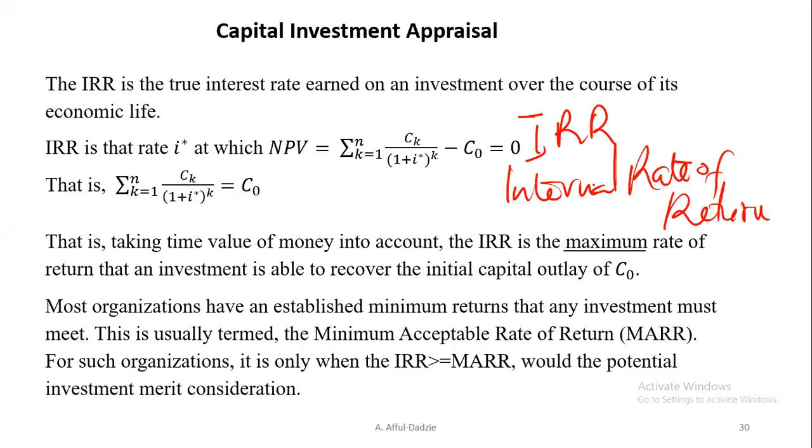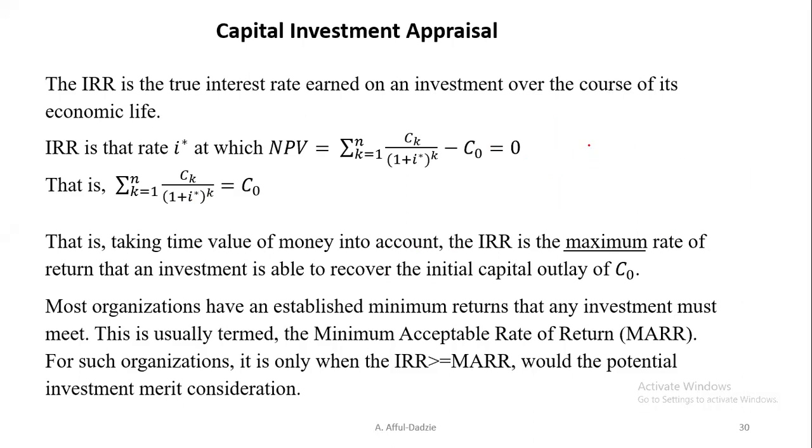Now, the internal rate of return is that interest rate that takes our NPV to zero. What do I mean by an interest rate that takes our NPV to zero? You would agree with me that in computing our NPV, we use a certain interest rate, and that interest rate is what discounts the future values and brings them to the present term. And then whatever we bring to the present, we deduct from the initial investment.